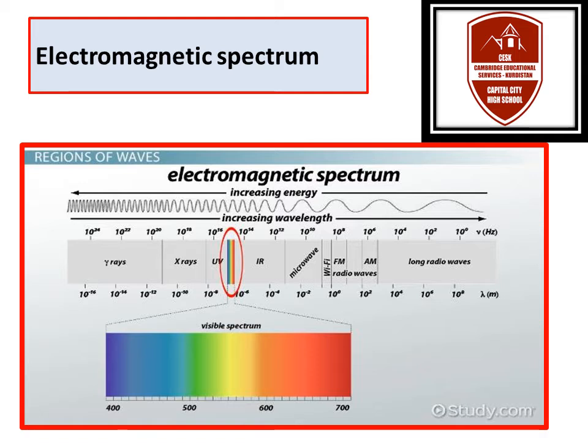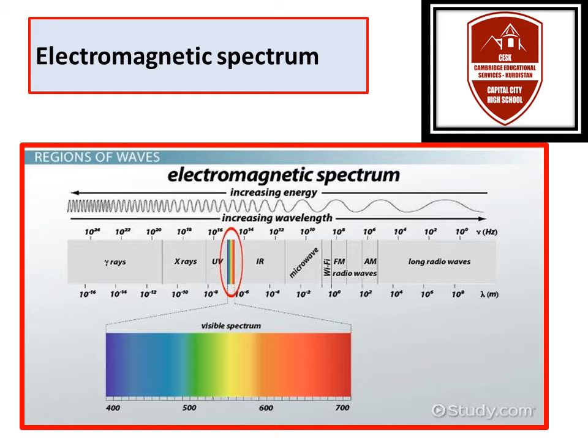Look at the left side. When we go to the left side more, step by step, the wavelength decreases, but frequency increases. So this is the relationship between frequency and wavelength.